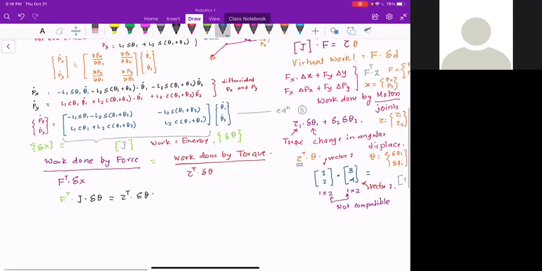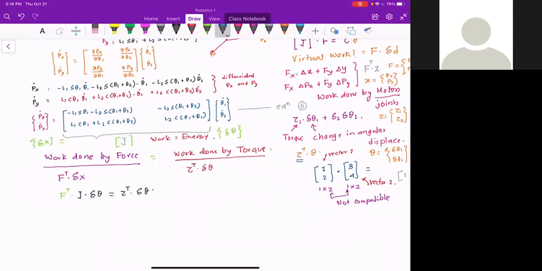Now I'm going to do some matrix juggling. Since there is delta theta on both sides, this can be written as F transpose J, and I'm going to take the transpose of the whole thing, which is equal to tau transpose transpose.